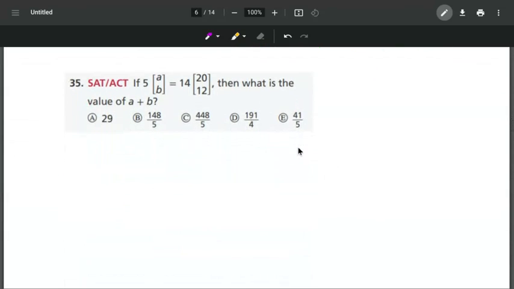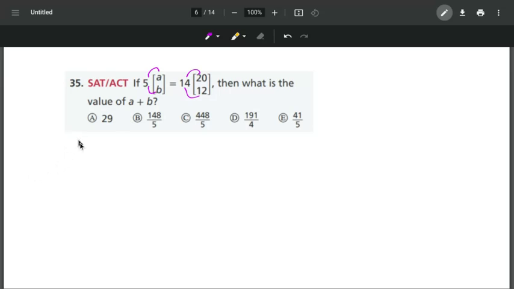This is how you would see a scalar multiplication on the SAT, the ACT, or some kind of standardized test. It'll set up two equal matrices, but this time it's involving a scalar. And then it says, what's the value of A plus B? So I would need to distribute the 5 and also distribute the 14.